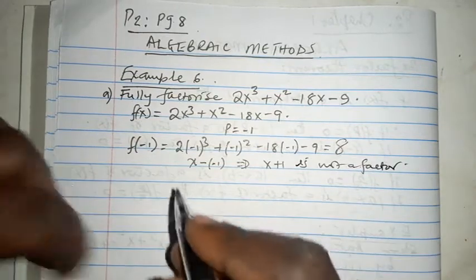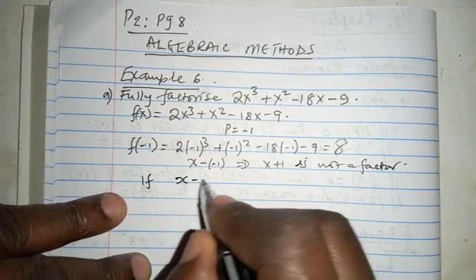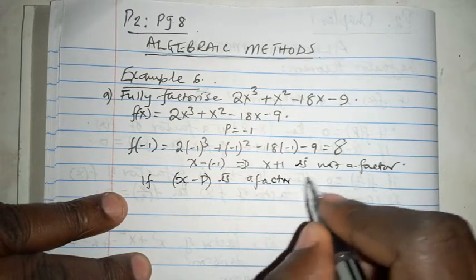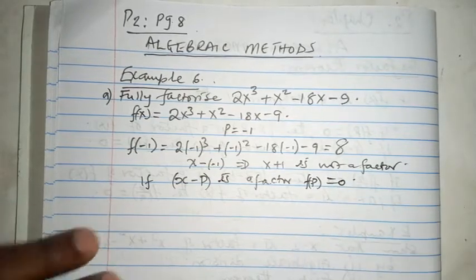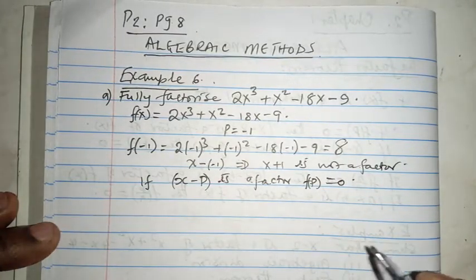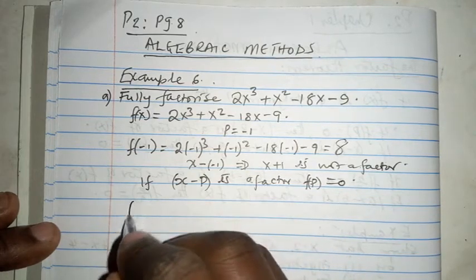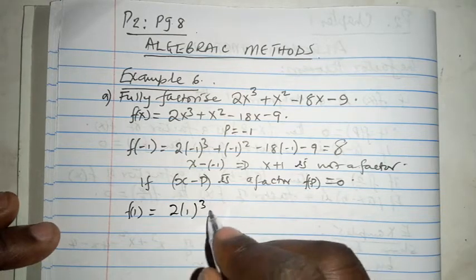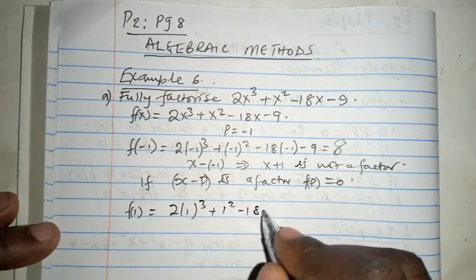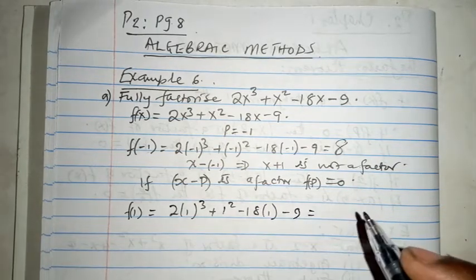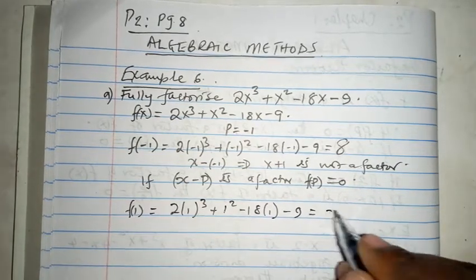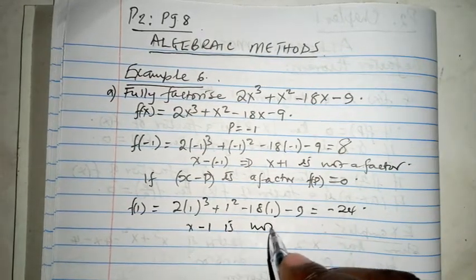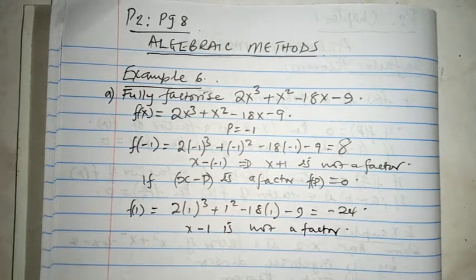Please note that if x minus p is a factor, then f(p) equals 0. So let's take p to be 1. f(1) is 2(1) cubed plus 1 squared minus 18(1) minus 9. If you evaluate all these, you will get -24, and therefore x minus 1 is not a factor.